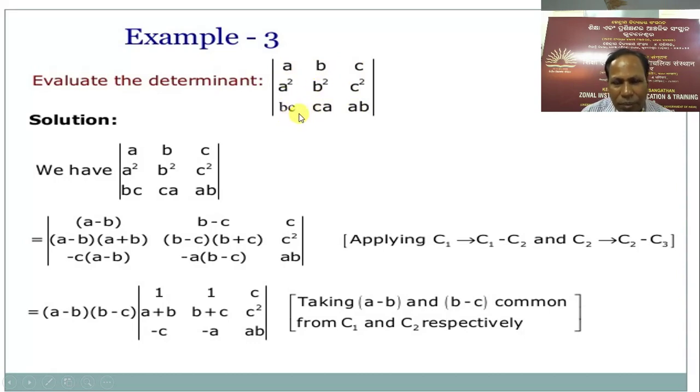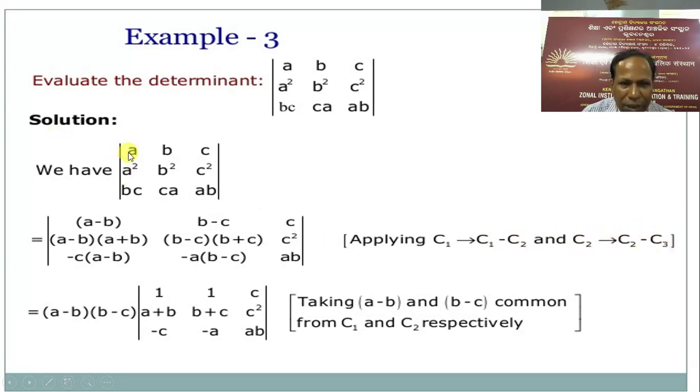Now the next step, we have to try to get a common factor by applying a property. So now, we apply the property that C1 is replaced by C1 minus C2 and C2 is replaced by C2 minus C3.